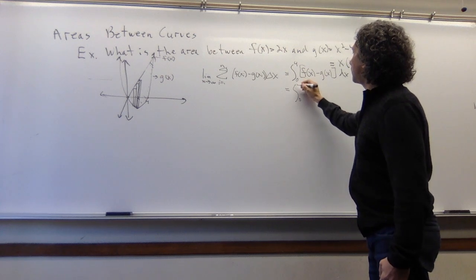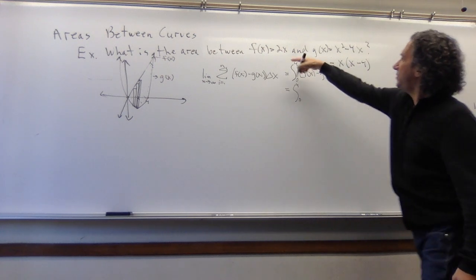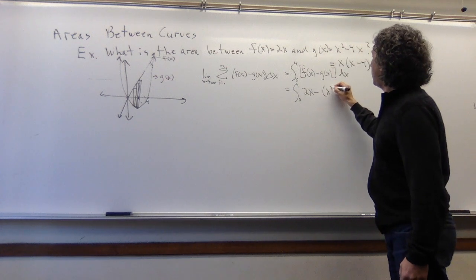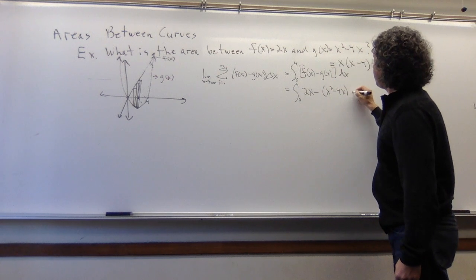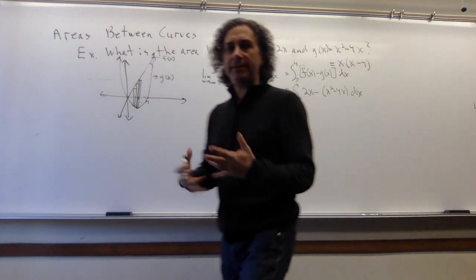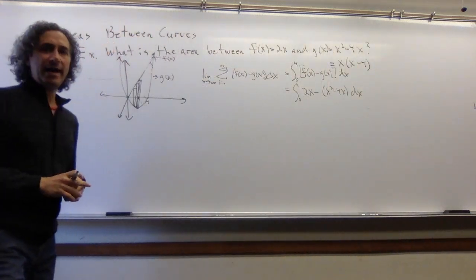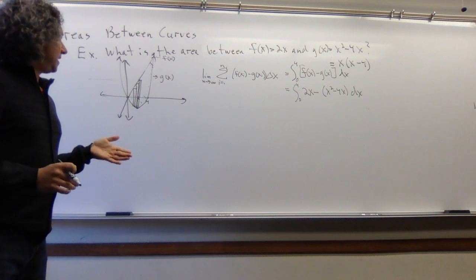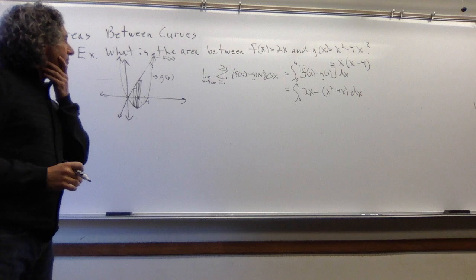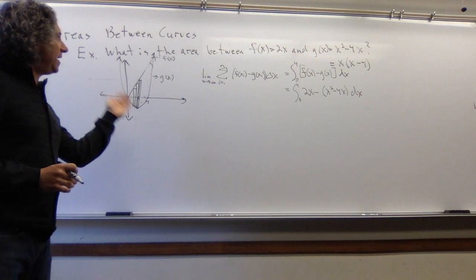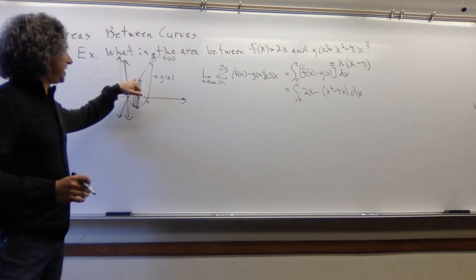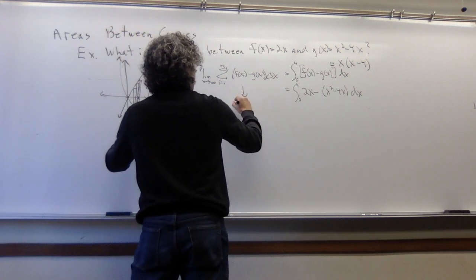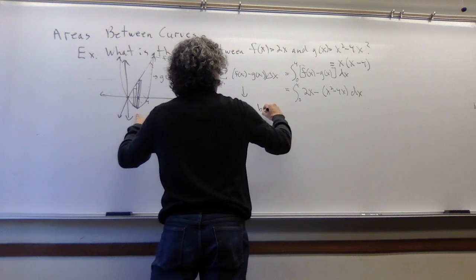In other words, we have the integral from 0 to 4 of 2x minus (x squared minus 4x) dx. And I'll let you guys actually work out that particular integral. All right, so what I'll be able to do to find the area between these two curves is just take the top minus the bottom. So this looks like top minus bottom.